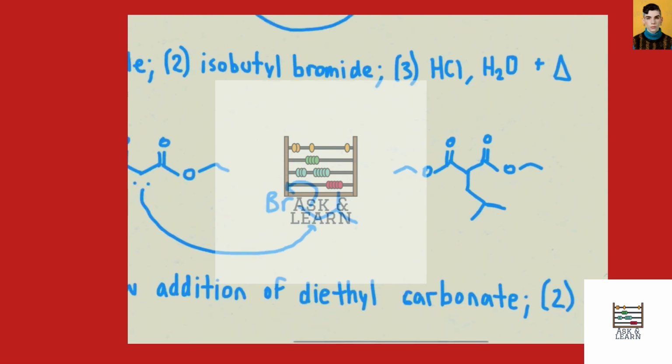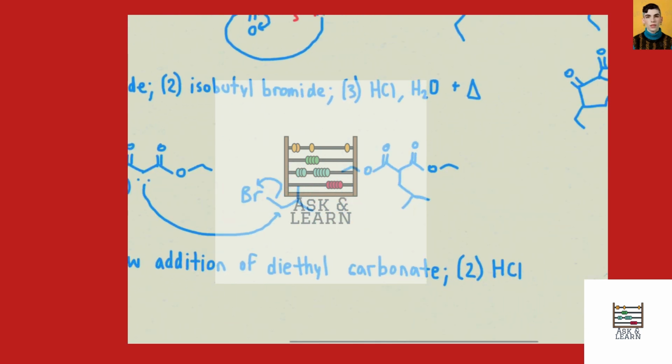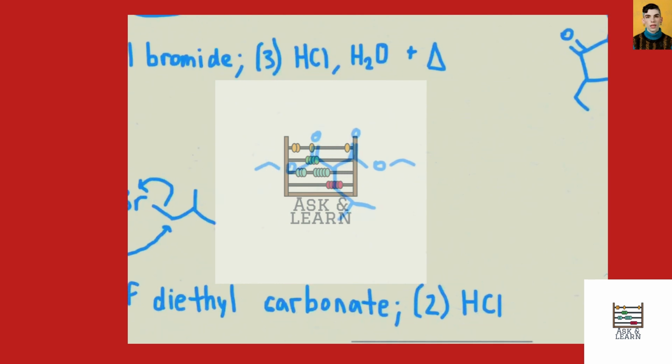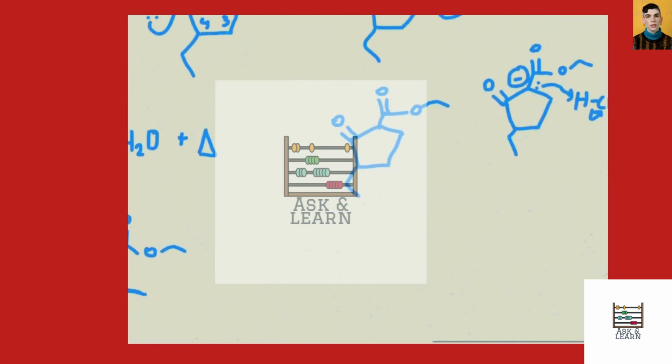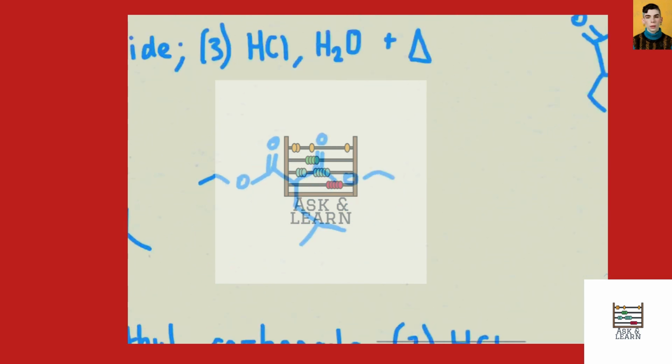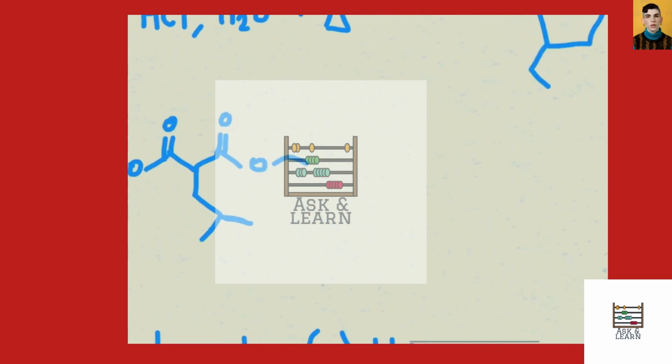Now we're going to react that compound with HCl and H2O and finally heat. So the purpose of this is not to protonate anything, or technically it is, but it's not in the form that we were doing in the previous steps, in which I have a set of lone pairs, because obviously we don't have any lone pairs here. But what this does, paired with water and heat, is it undergoes hydrolysis. So after hydrolysis, I'll basically transform each of these esters into carboxylic acids.